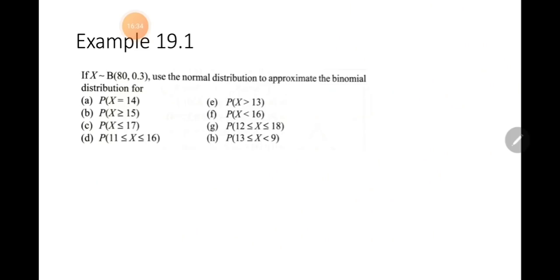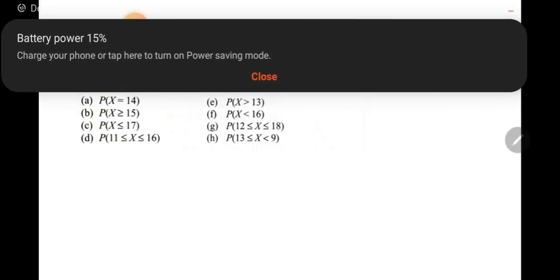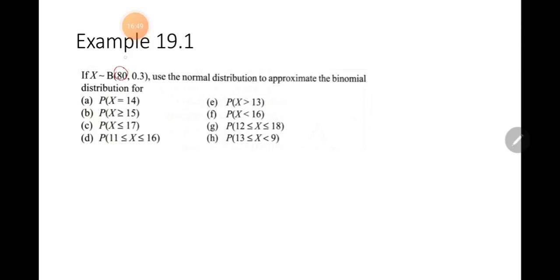Okay, let's move to one example. If you have binomial 80, 0.3, use the normal distribution to approximate the binomial distribution. Obviously n equals 80 is not in the statistical table, so you can use the normal distribution. For the sake of studying, when the question asks you to approximate, you just do the approximation.